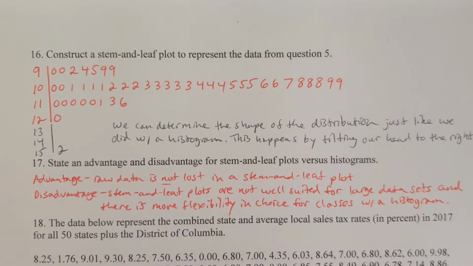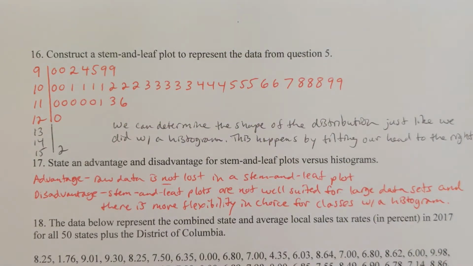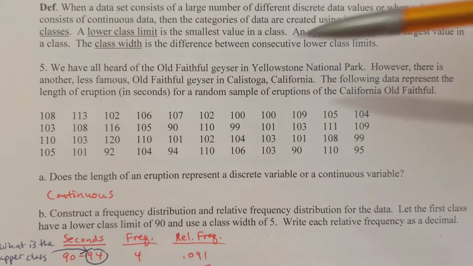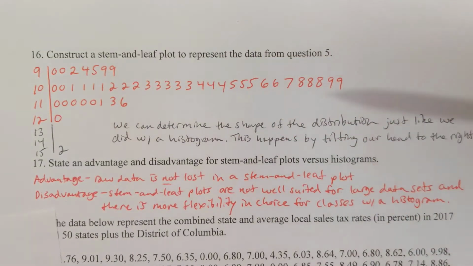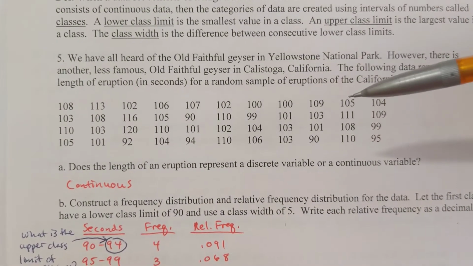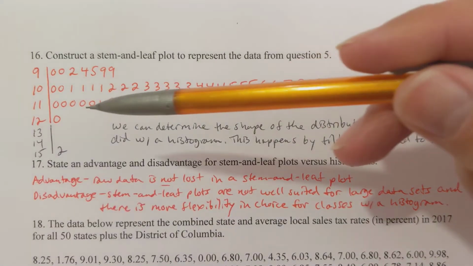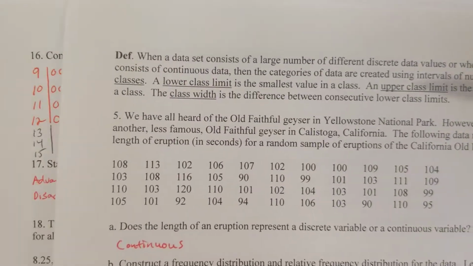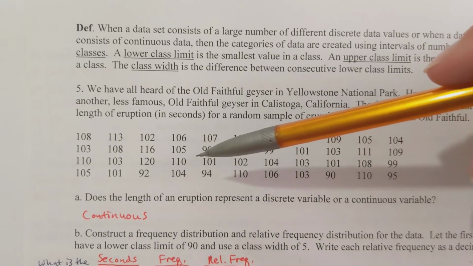The first thing I have to do is make my stems, and the stems are these numbers here. So I ignore the rightmost digit. If I look at a number in the 90s and ignore the right digit, that leaves me with a 9, so my first stem would be 9. Numbers in the 100 to 109 group leave me with a 10. Numbers in the 110 to 119 group leave me with the number 11.